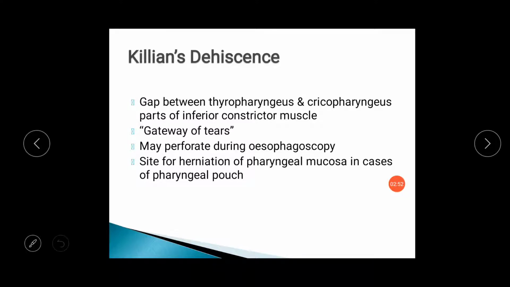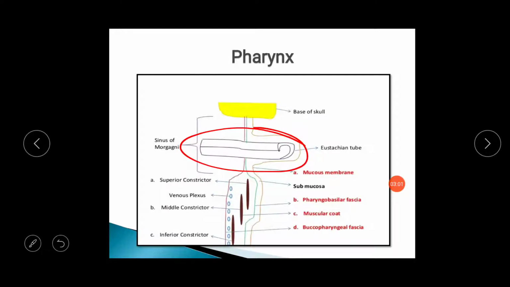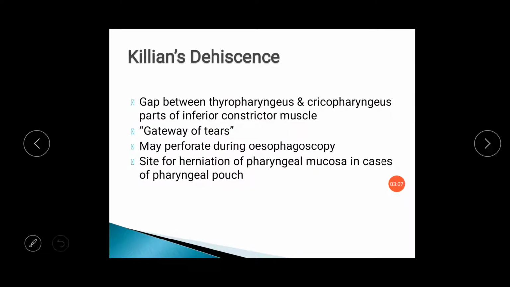Killian's dehiscence is a gap between the thyropharyngeus and cricopharyngeus parts of the inferior constrictor muscle. The inferior constrictor muscle is the most inferiorly located muscle in the pharynx tube, but it is made up of 2 parts, thyropharyngeus and cricopharyngeus.